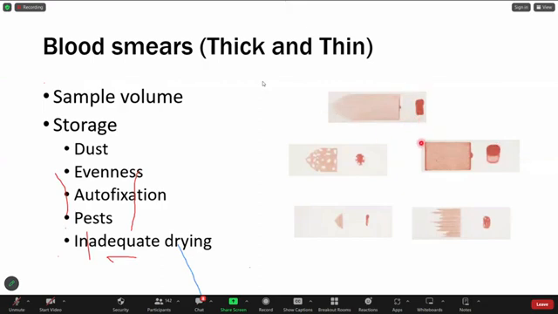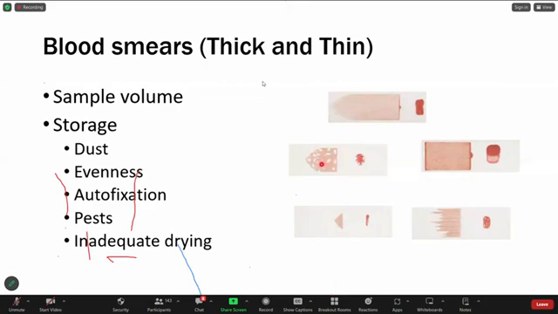But on this slide here, they put too much volume of blood, so the person who made this smear could not even make the thin film. The tail was not seen. The tail is this somehow pointed end of the thin film. Then this smear was made on a greasy slide, so the smear ends up having patches.